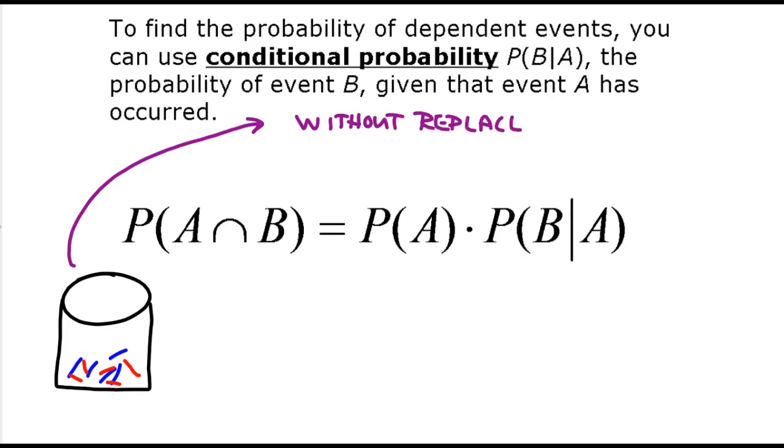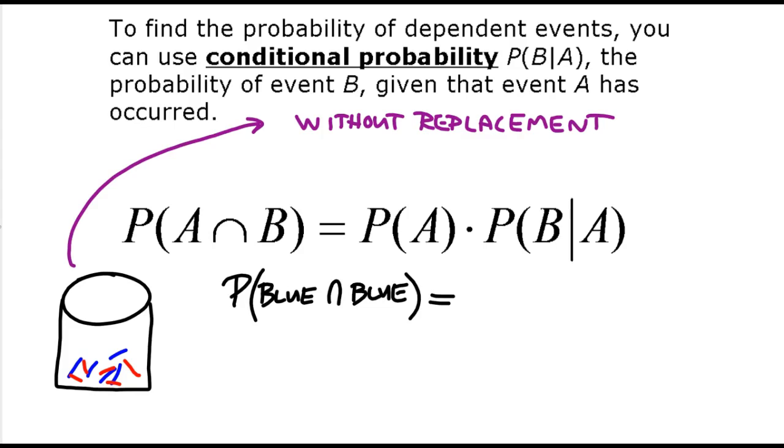And so if you don't replace the marker in the bucket, it affects the second probability because there's one less marker in there. Okay, so if I want to know the probability of blue and blue again, and they're dependent and they're without replacement, it's going to be slightly different than what we saw before.